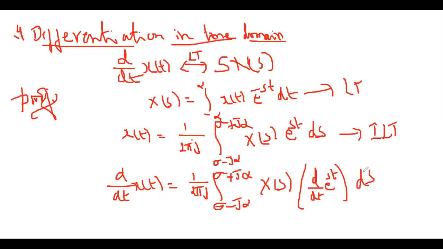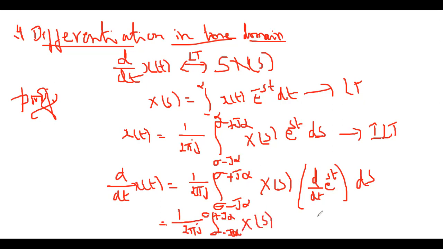Remaining all the terms are constants, equal to 1 by 2 pi j, integral from sigma minus j infinity to sigma plus j infinity of X(s).